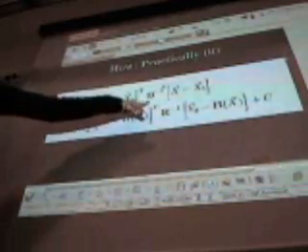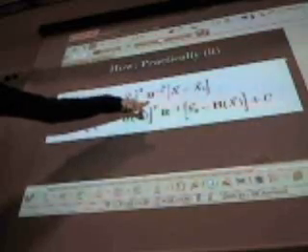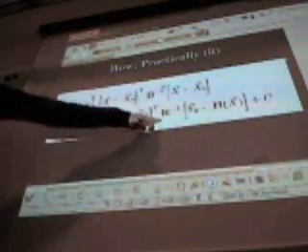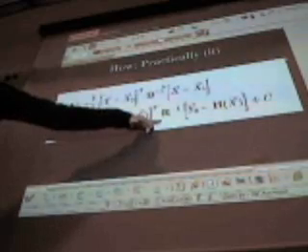This is the variance of the simulation, and this is the variance of the observations.